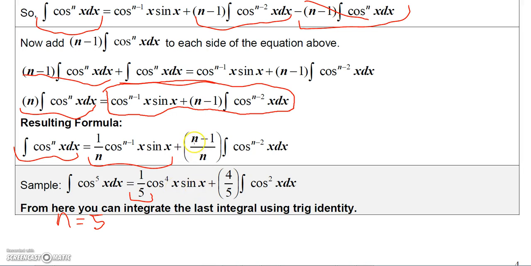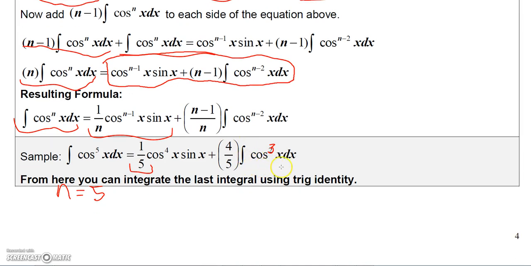And then over here I'd plug in and get 5 minus 1 is 4, over 5, so I get 4/5 times the integral of cosine... let's see, n is 5, I got a typo there, that should be a 3 right there. So integral of cosine cubed x.